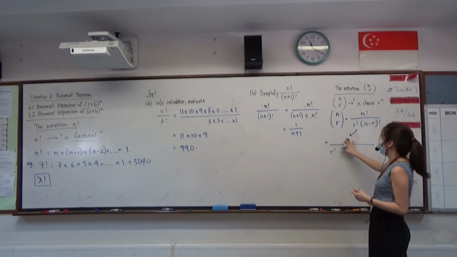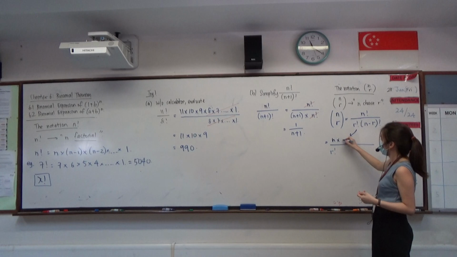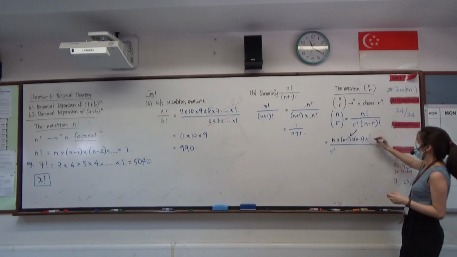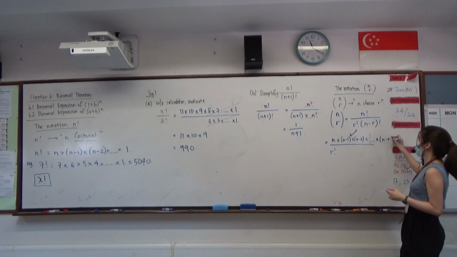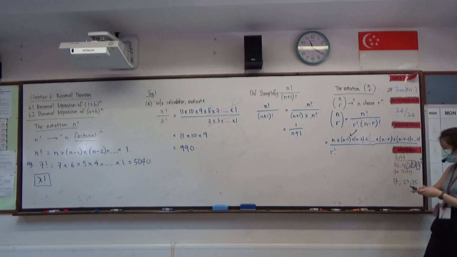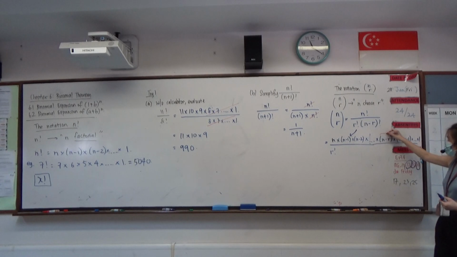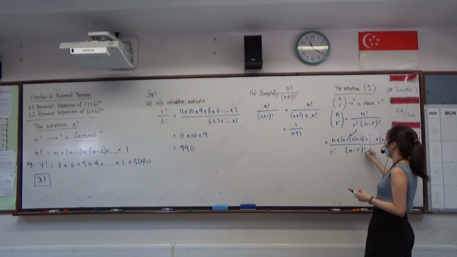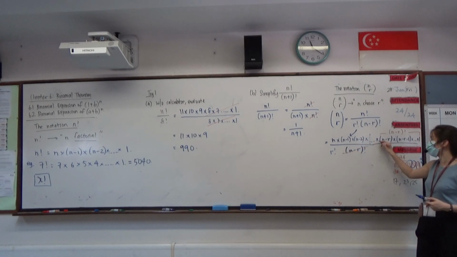But we know that n factorial can have n times n minus 1 times n minus 2. Somewhere there will be n minus r factorial, as in n minus r, then times n minus r minus 1, and so on, until times 1. So what we see here is the n minus r factorial, and I can cancel it out with my n minus r factorial.